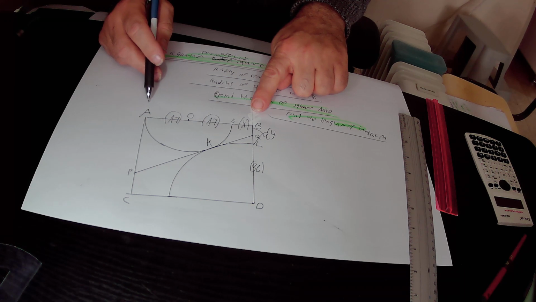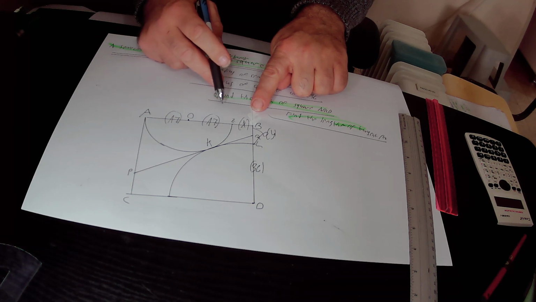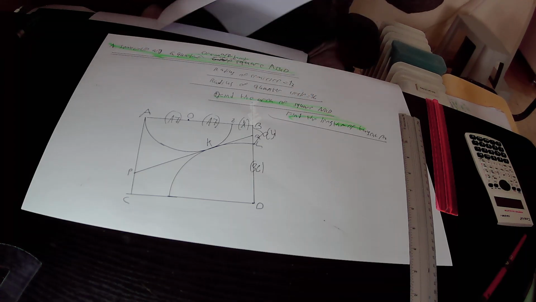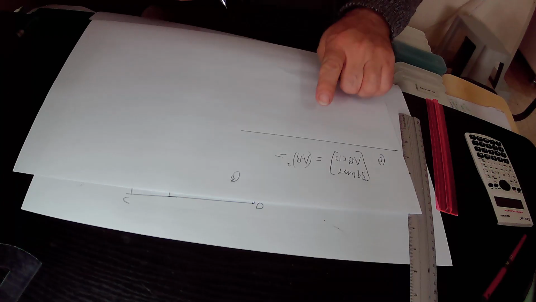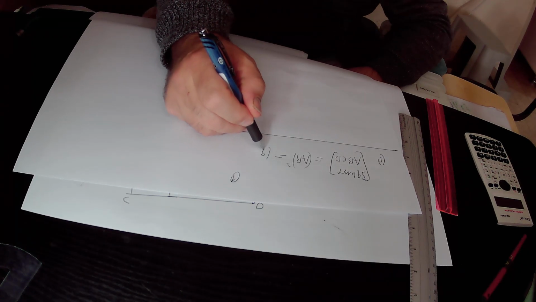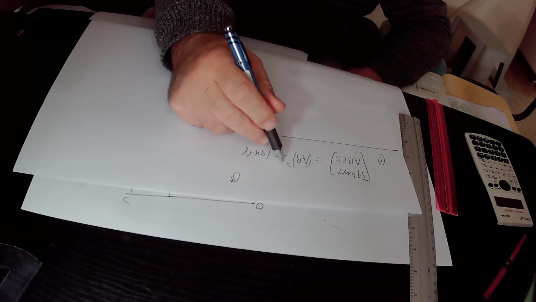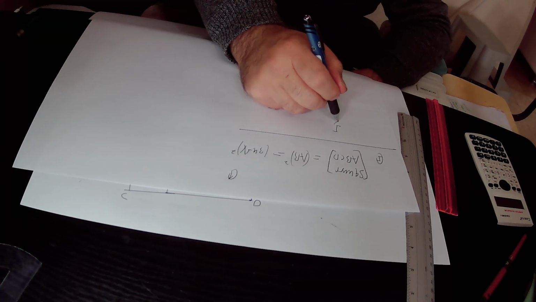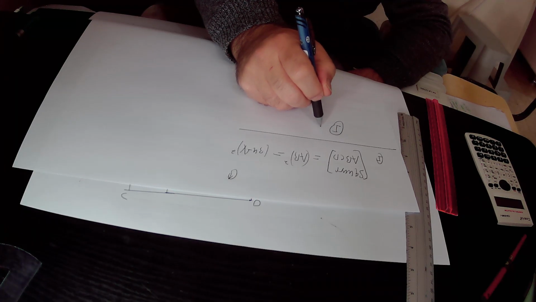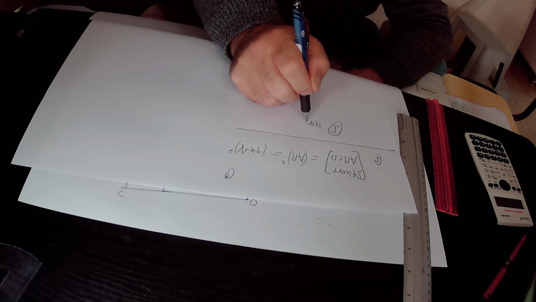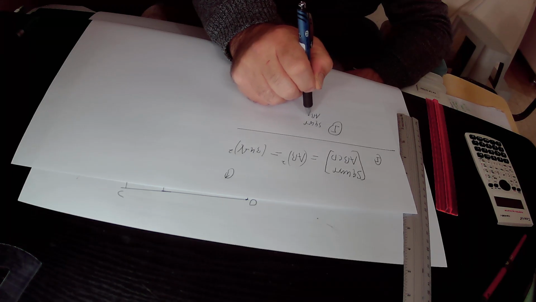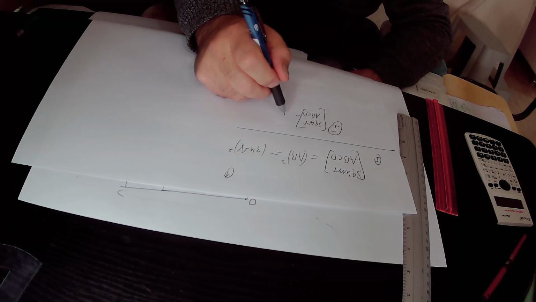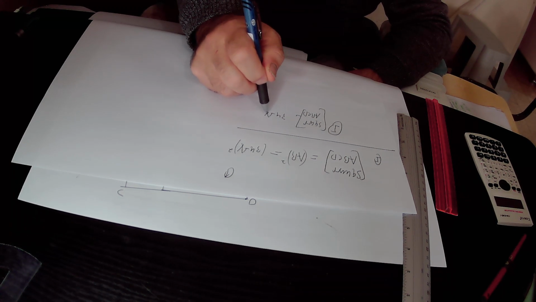AB in total equals 17 plus 17, that is 34, plus X. So AB equals 34 plus X. We substitute AB by 34 plus X and square it. So according to equation 1, the area of square ABCD is equal to (34 plus X) squared.